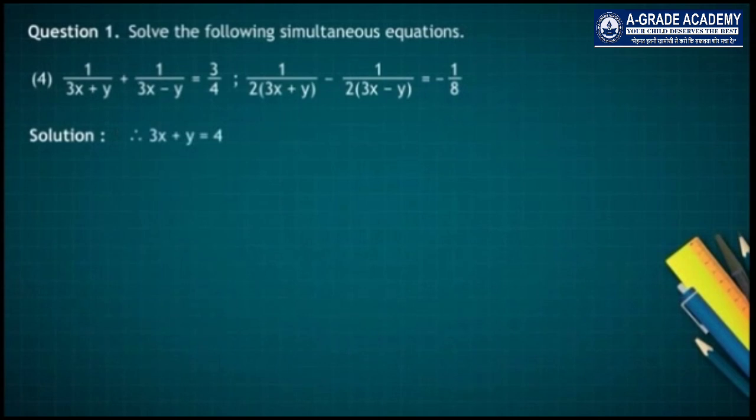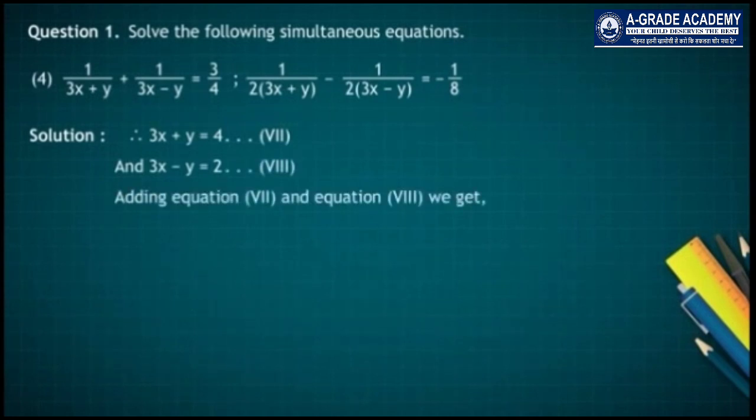Therefore, 3x + y = 4. This is our equation number 7. And 3x - y = 2. This is our equation number 8.